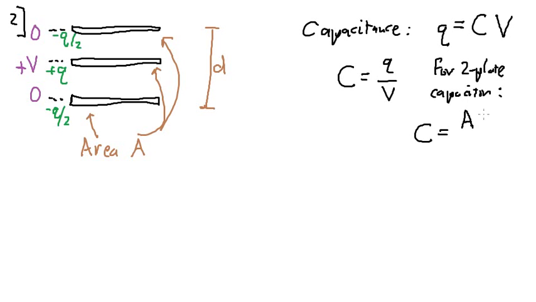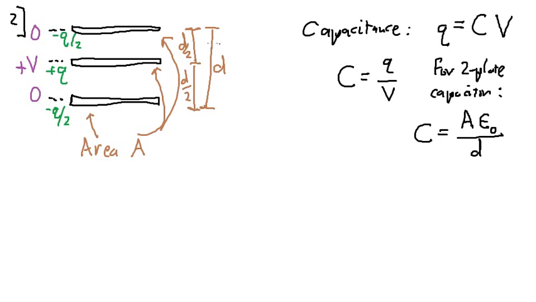Okay, now for a 2-plate capacitor, which is basically your standard model, the capacitance is equal to the plate area A, times epsilon naught, which is the universal constant, equal to 8.85 times 10 to the minus 12, divided by the distance between the plates, d.